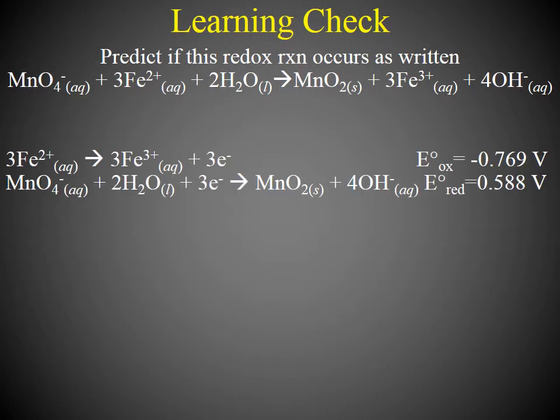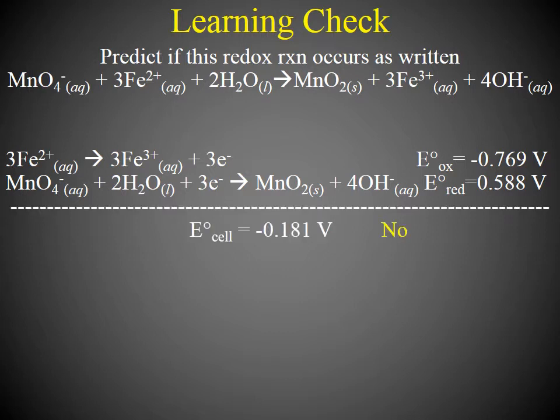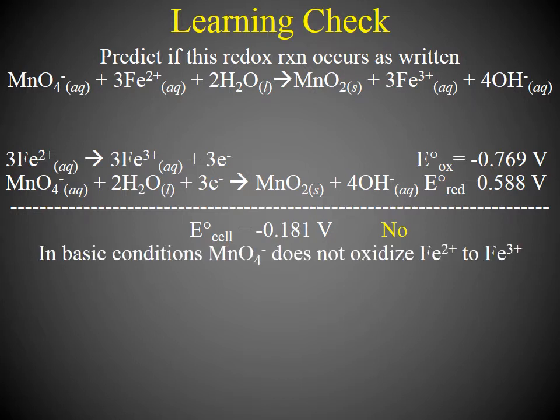Okay, from the tables, I was able to get this information. Obviously, as written, this reaction shows that iron 2 is being oxidized in order to go to a 3+ oxidation state. When I add the cell voltage values, I see that the reaction will not occur spontaneously as written.